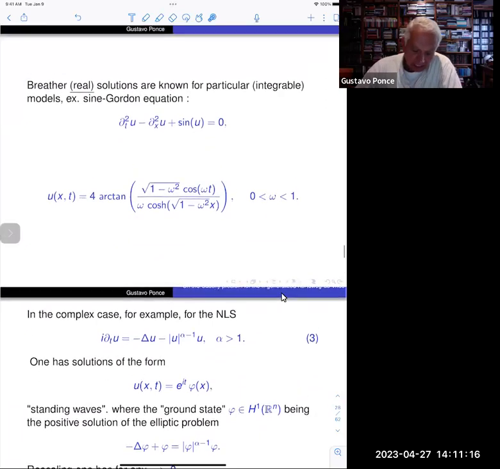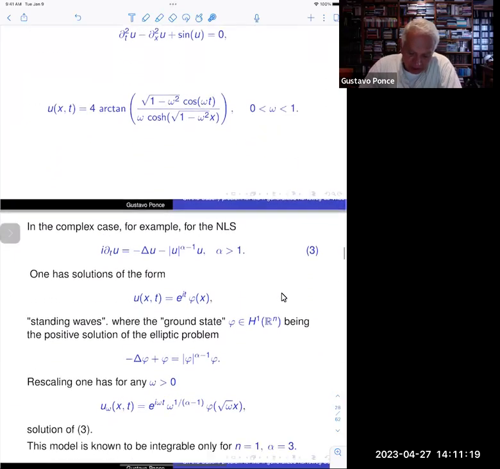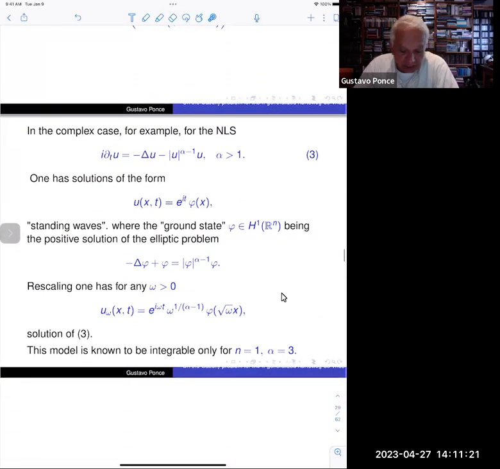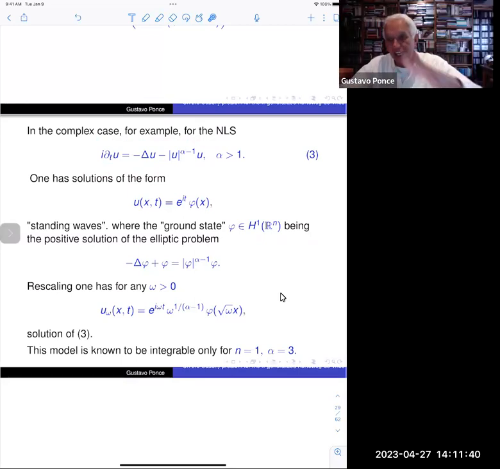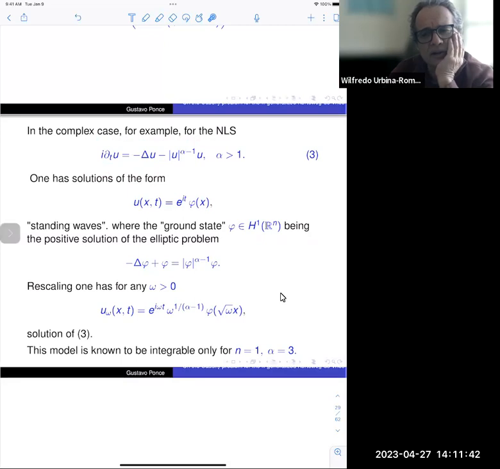Okay, and these are real solutions. If you don't care about real solutions, then you have examples of systems that are not integrable that have breather solutions. For example, suppose that we consider the nonlinear Schrodinger equation of this form. Breather solutions are those that are periodic in time and localized in space.